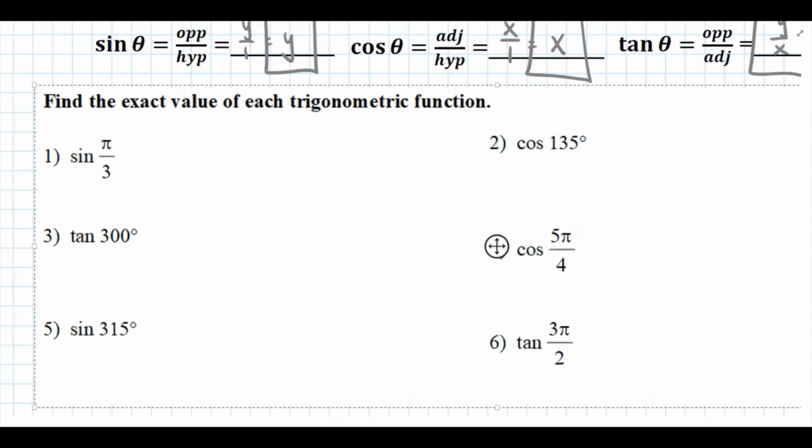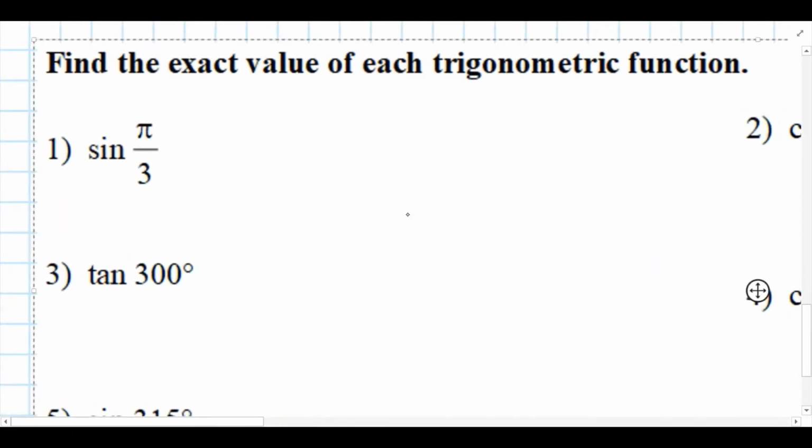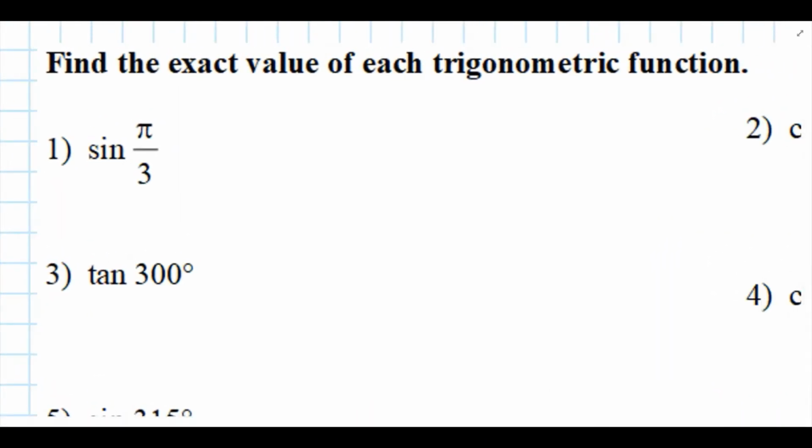Let's try some examples. In problem number 1, we must find sine of pi divided by 3 radians. Since sine is associated with the y-coordinate, we can simply look at the position in the unit circle to see the square root of 3 over 2.